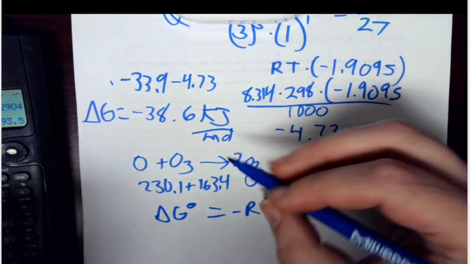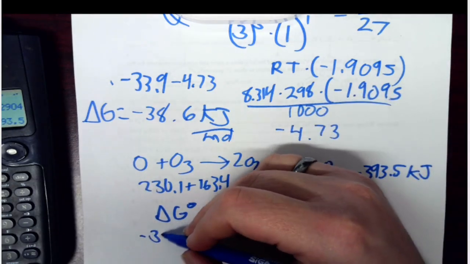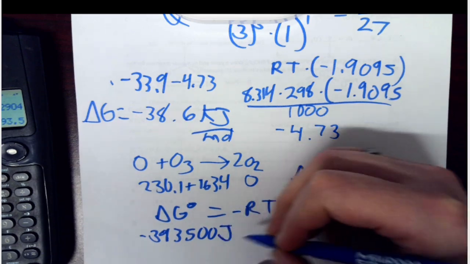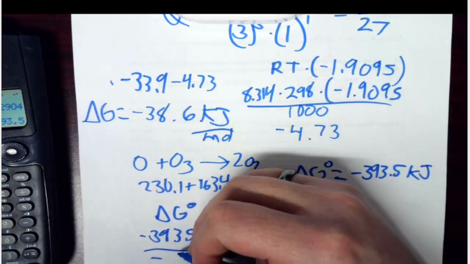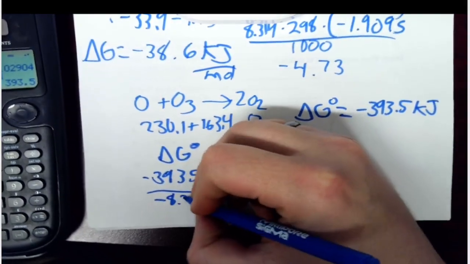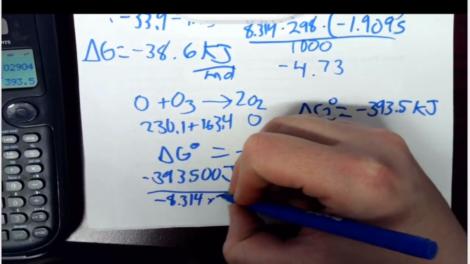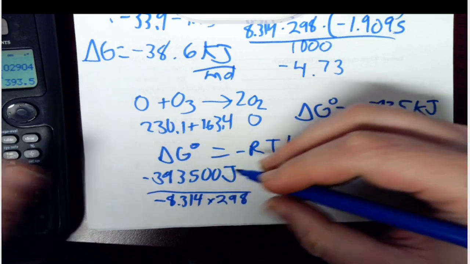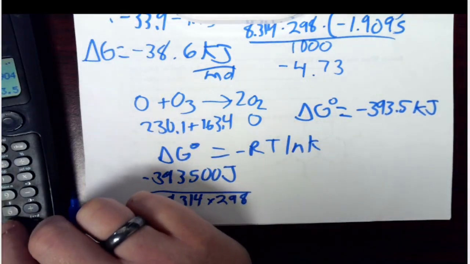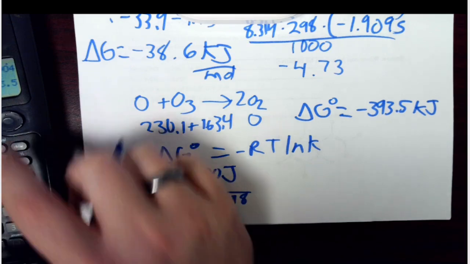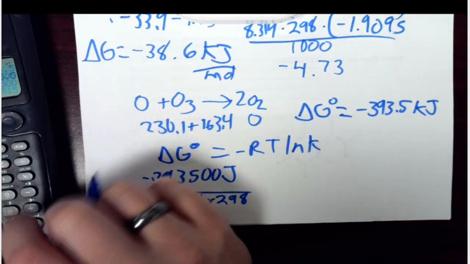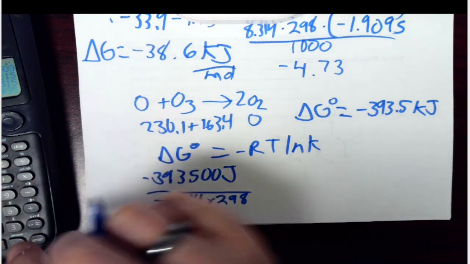Let's start with negative 393,500 joules. I'm going to divide that by negative 8.314 and 298. So 393.5 times 1,000 divided by 8.314 divided by 298.